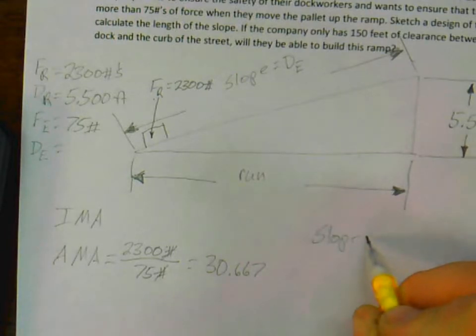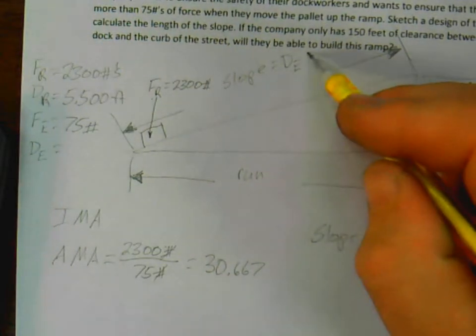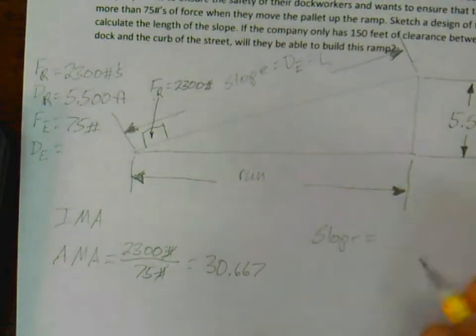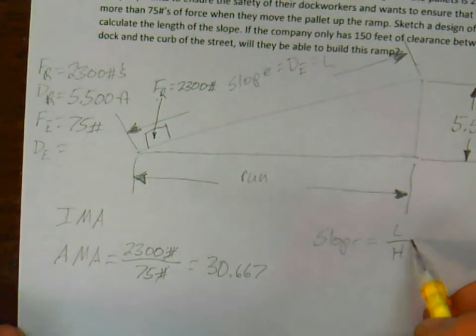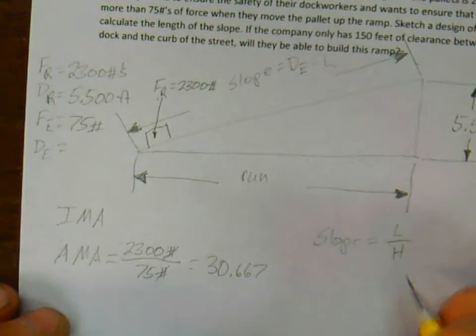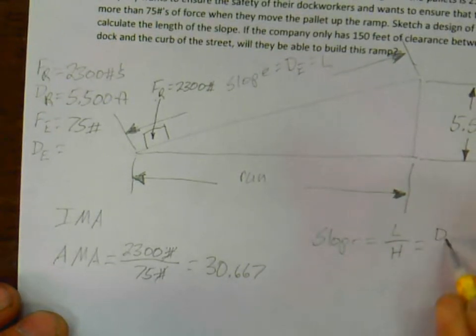So in this case, our DE over our DR, which just so happens to be the same thing as our IMA, our ideal mechanical advantage.